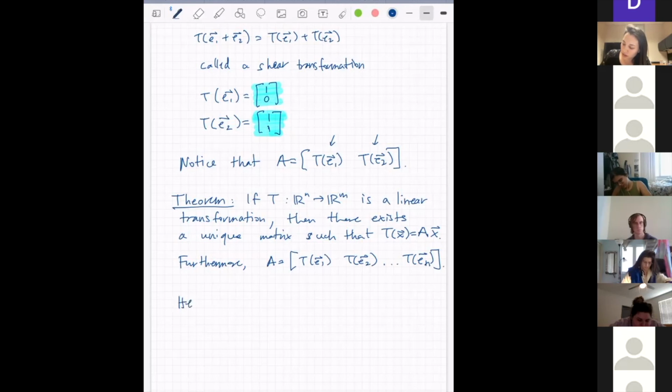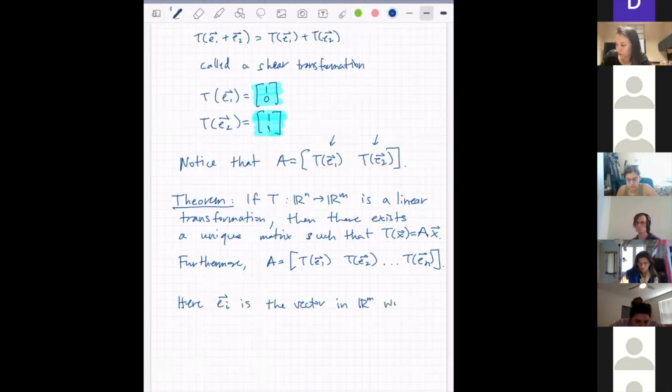So here, this EI is the vector in Rm, sorry, with 1 in its ith entry and zeros elsewhere. Right.